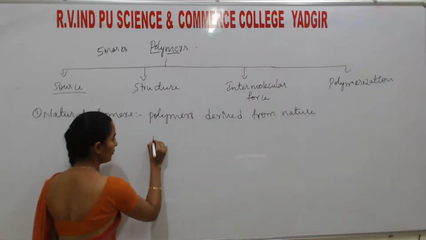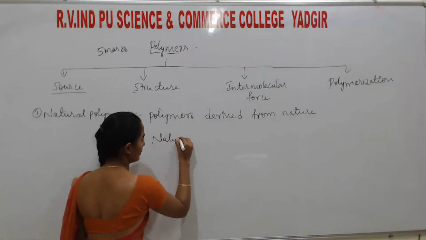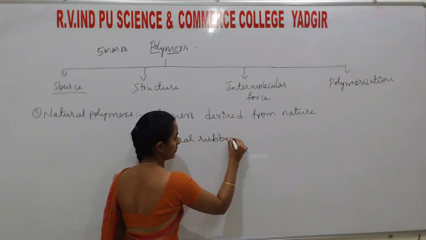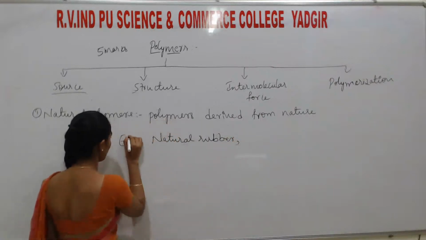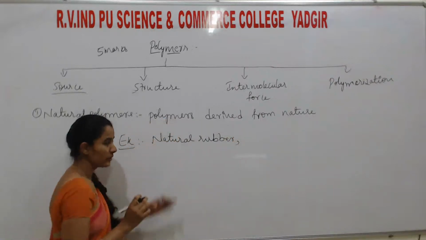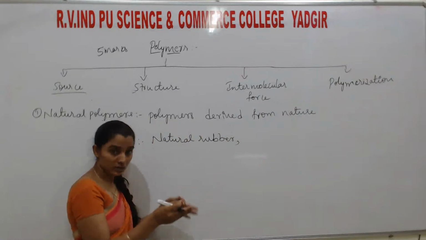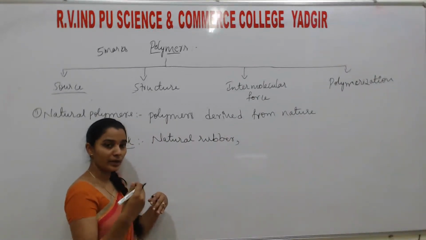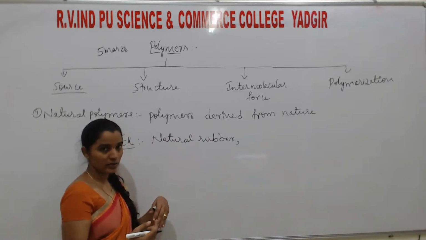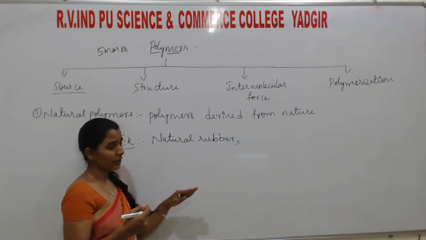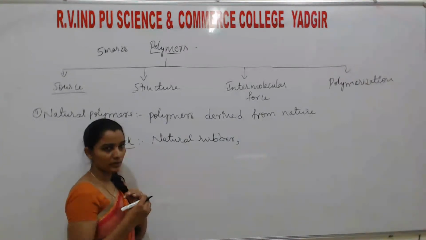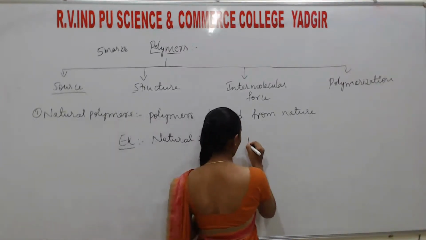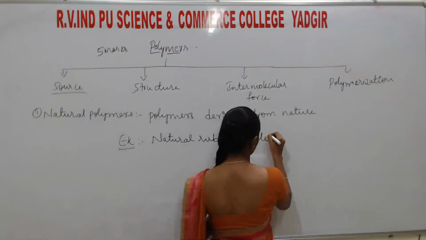An example for this is natural rubber. For natural rubber, the structure, monomer unit and polymer unit are there. I will explain later, while explaining the structure, monomer unit and polymer unit. This is natural rubber. Next, proteins.